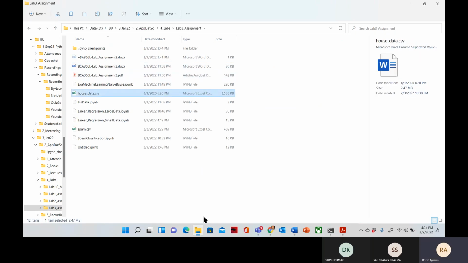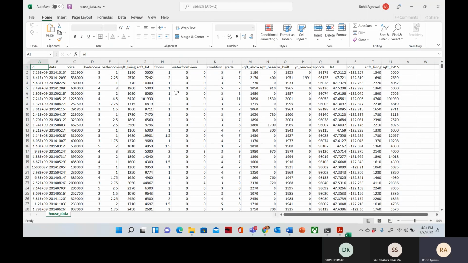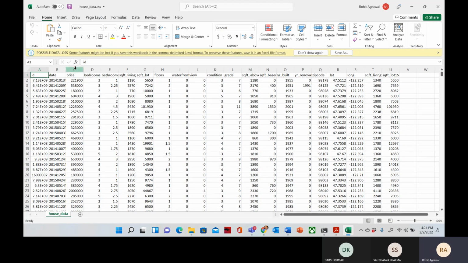I will show you this is our data right now. We have the price here. ID and dates are not required. We have price, bedrooms, bathrooms, square feet living area, square feet lots, number of floors, waterfront, view, condition.